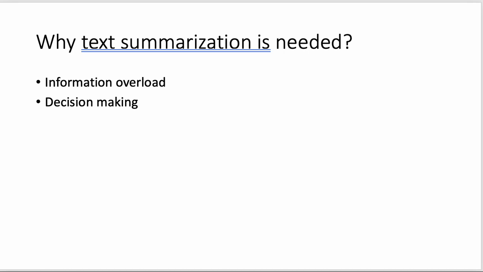So the overload happens when we have a huge amount of information as input to the system. The system can be our brain or it can be the machine as well, and the system starts to exceed the processing capability.